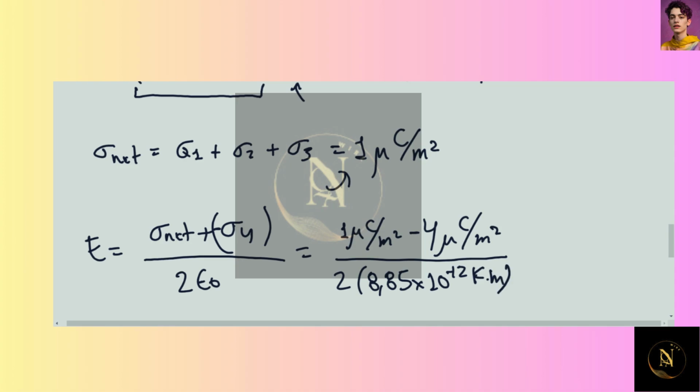And from here we obtained a value of 1.69 times 10 to the 5 newtons per coulomb.